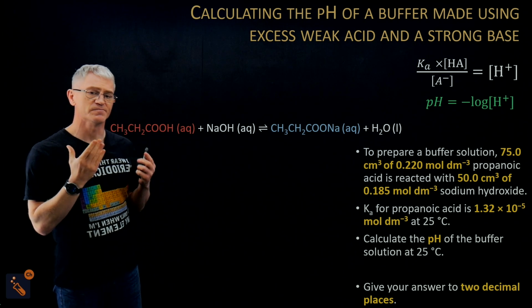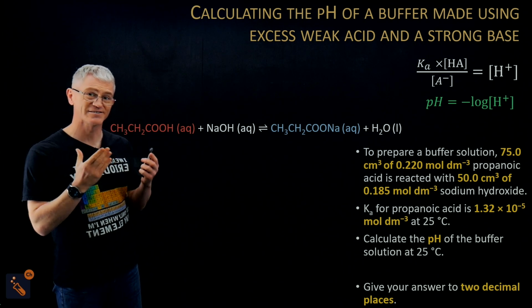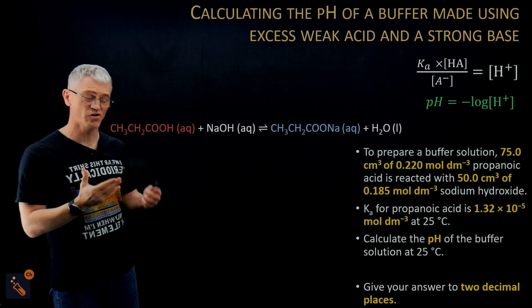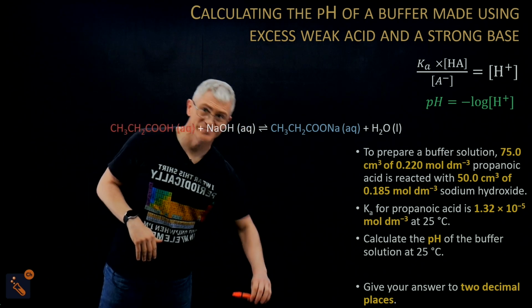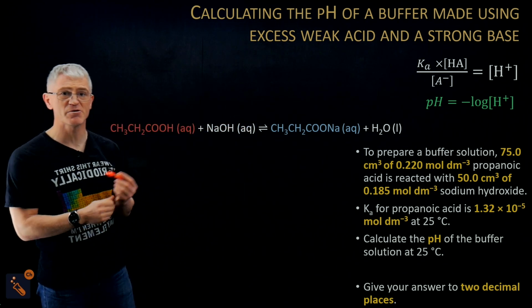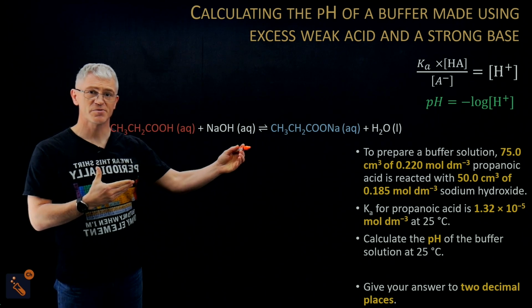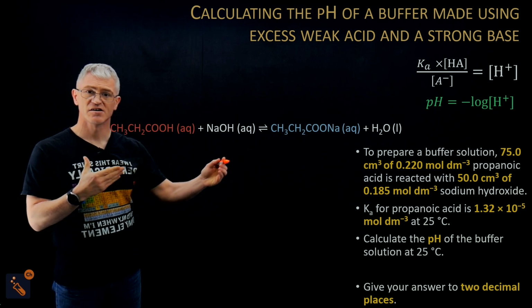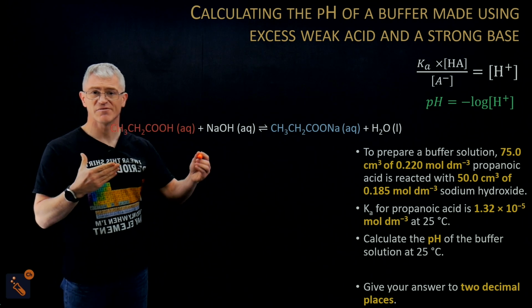This question is a lot of working out and can give you quite a lot of marks, so let's start going through it. To prepare a buffer solution, we need propanoic acid and sodium hydroxide.